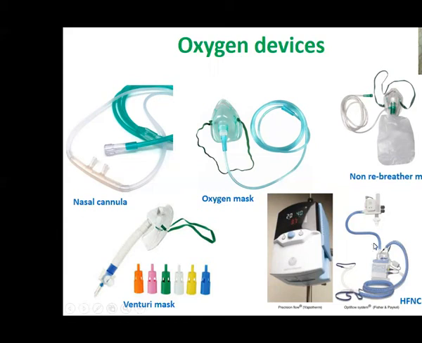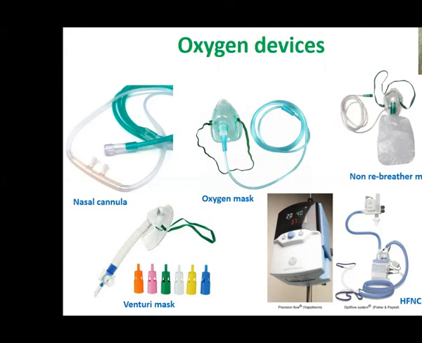This is a little more technical, but you need this when you need a very high concentration of oxygen. Like these days, we are giving this to COVID patients who are hypoxic, before putting them on a ventilator. This machine can be used to deliver the maximum amount of oxygen to them, 100% oxygen.